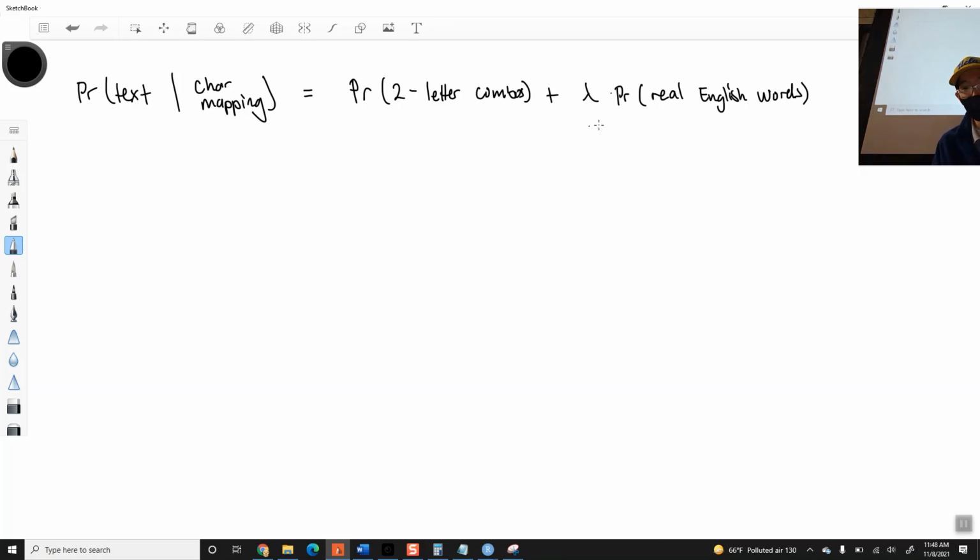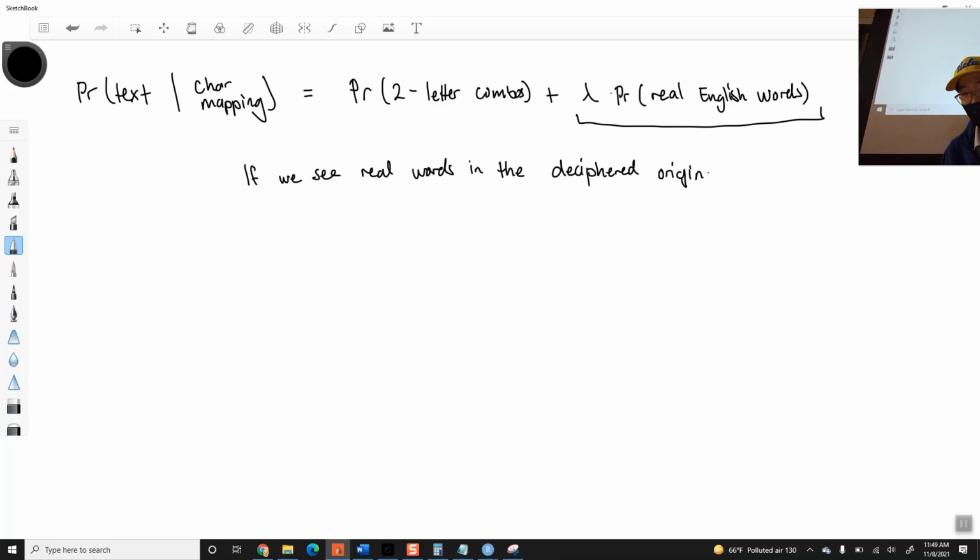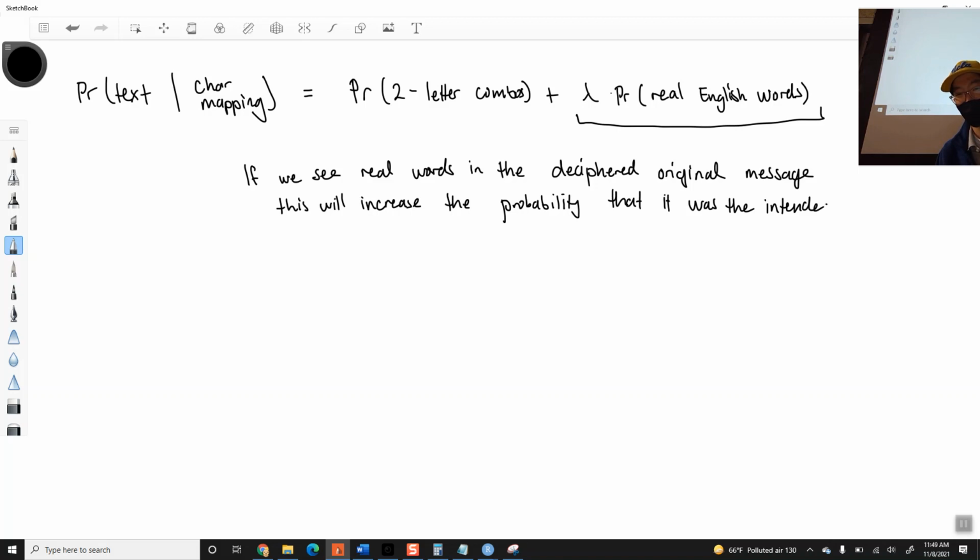Okay? And so this part, if we see real words in the deciphered original message, this will increase the probability that it was the original text, that it was the intended message.